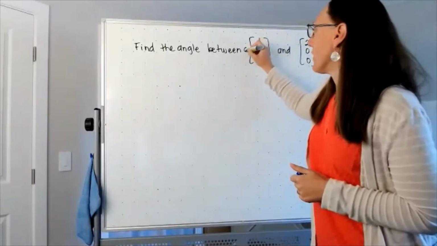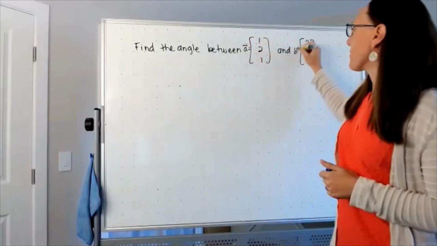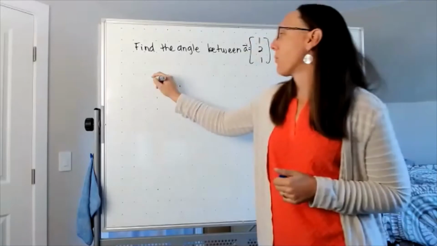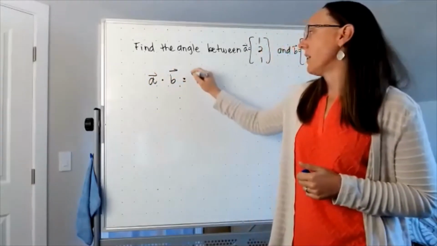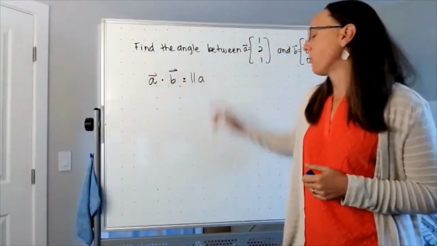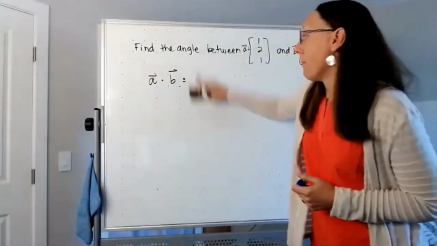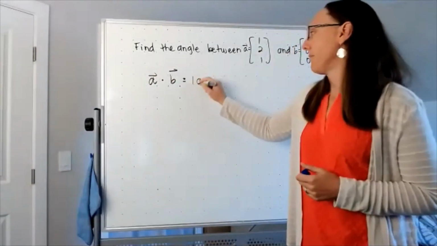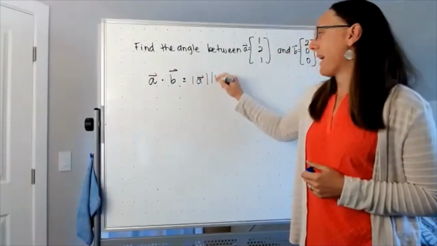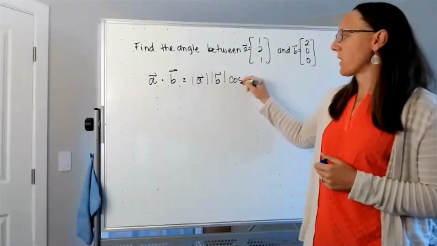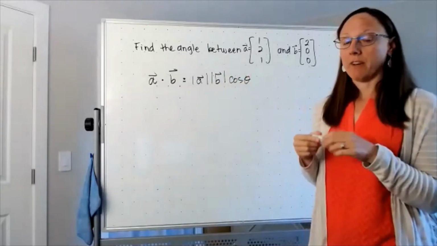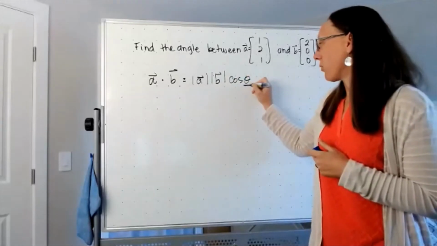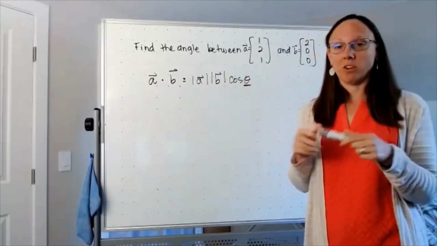I'll call this one A and this one B. That primary equation looks like A dotted with B is equal to the magnitude of A times the magnitude of B times cosine of the angle between them. So whenever we're asked to find the angle between 2 vectors, it's this angle in the formula that we're looking for.